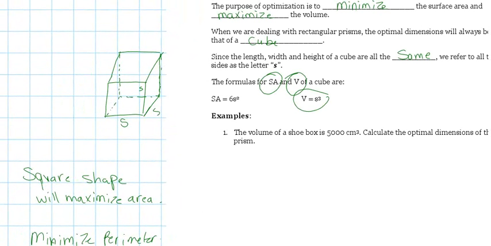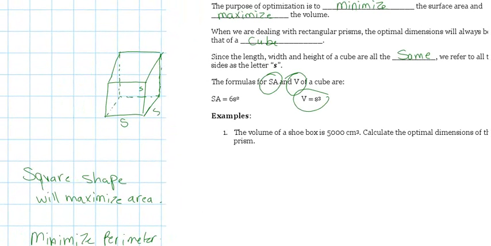Each has side length S, so this square has S and S. What's the area of this? S times S is S squared. I have 6S squared. So 6 times S squared gives me the surface area of the cube, because I have 6 same squares, same area.